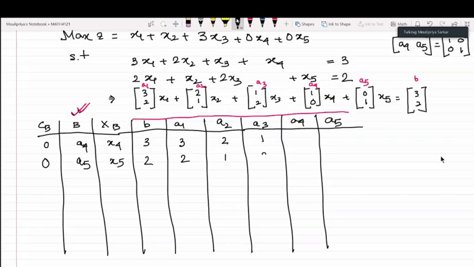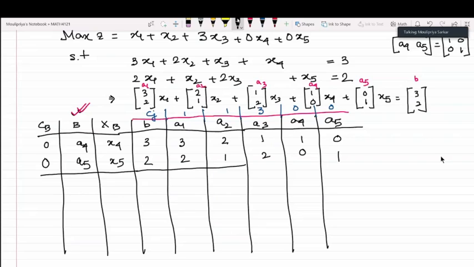A3, 1, 2. A4, 1, 0. A5, 0, 1. And at the top, we are going to write down the cost parameters. So they will be 1, 1, 3, 0, 0. Am I correct till this?